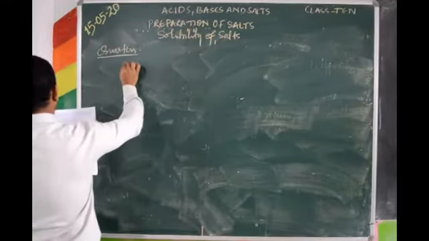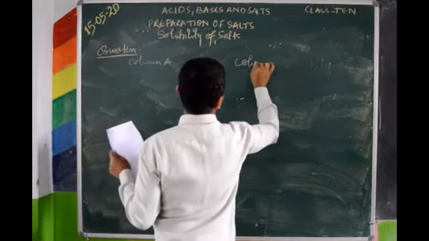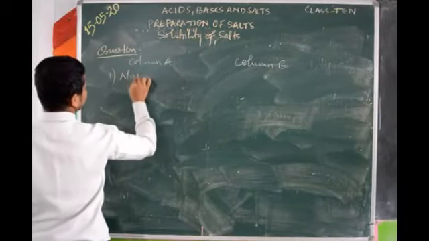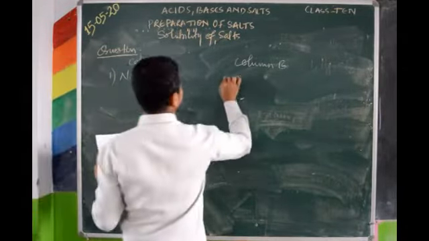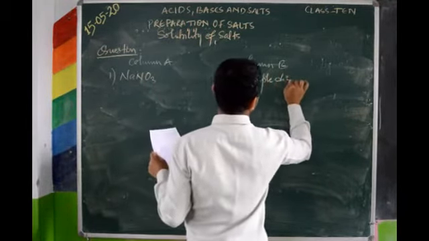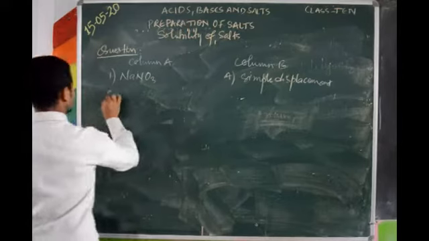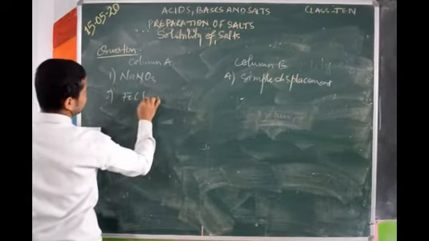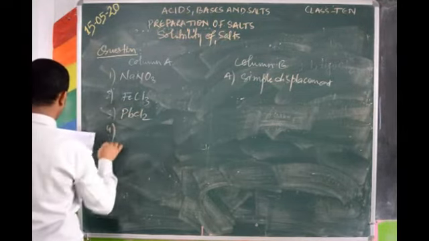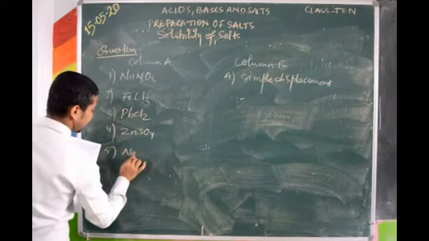Okay, so column A and here column B. Number 1, sodium nitrate; number 2, FeCl3; number 3, PbCl2; number 4, ZnSO4; number 5, NaHSO4.